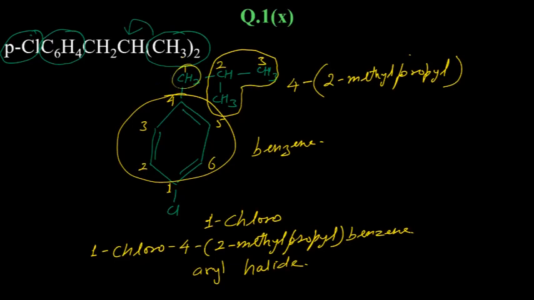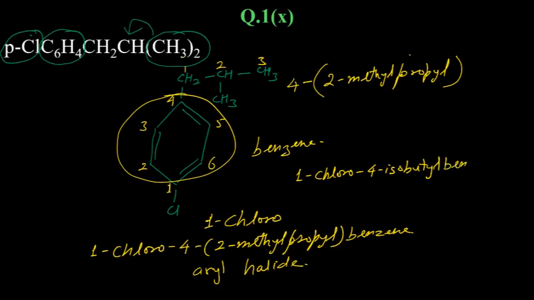So that's why it is isobutyl attached to the benzene. Another name you can write is 1-chloro, and at 4 you have isobutyl benzene. Both are correct answers.